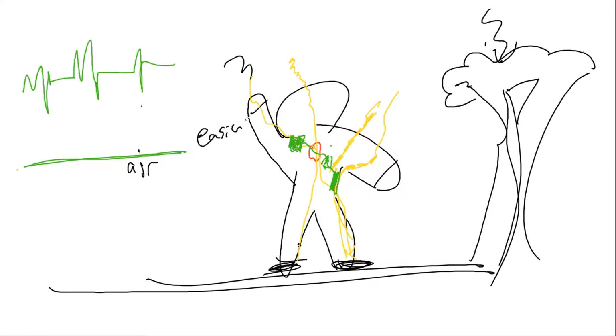So if you've got a bunch of clouds and they rub up against each other, they are going to move a lot more electrons to one specific location.